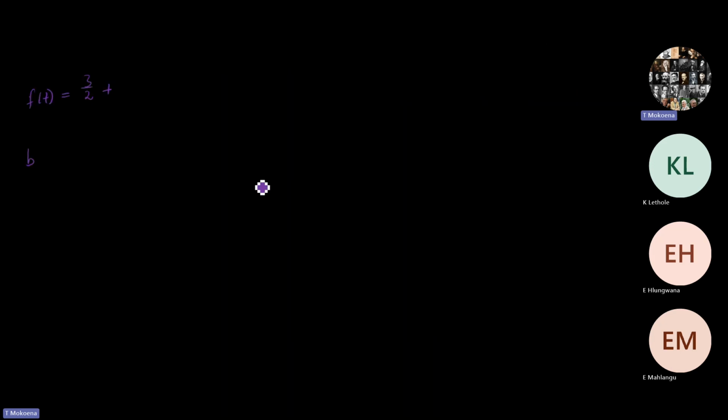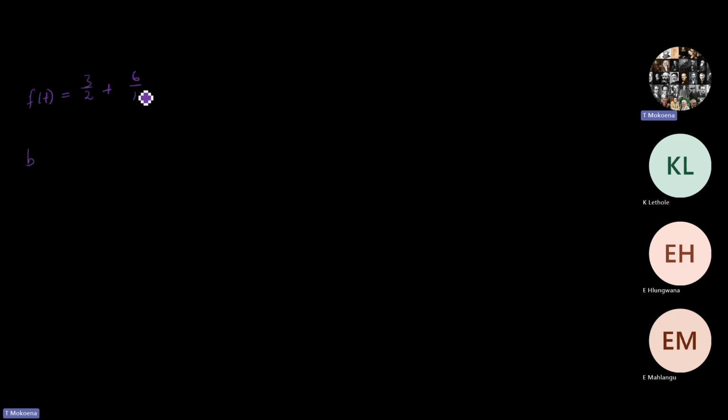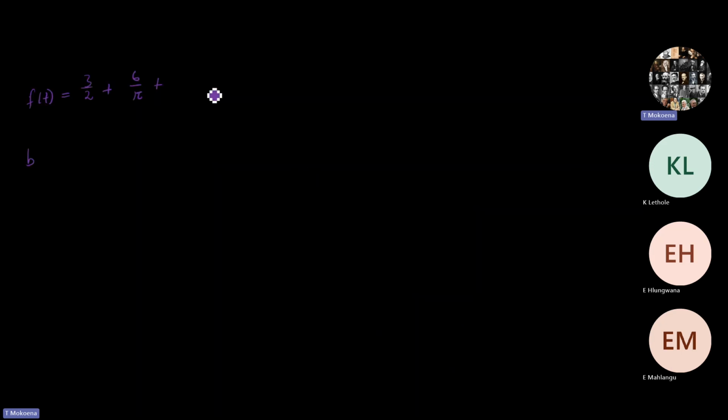So what is the first answer? B1, we said it's 6 over pi. So we have 6 over pi. Plus, what is the second B? Second B is 0, but we don't need it. It's fine, we don't have to write it, but you can write it. And therefore, B sub 3 is 2 over pi.